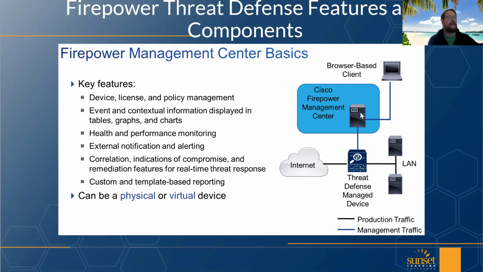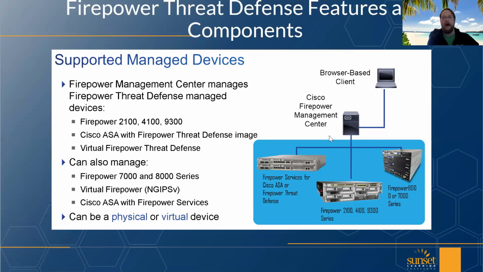You could think of the administration as abstracted and centralized. By the way, you can manage these one by one, but you do lose some functionality. I don't have enough time to talk about that, but you do lose some functionality. So our supported devices that we can pull in here. Hey, how's about a Cisco ASA with the Firepower Threat Defense module in it?